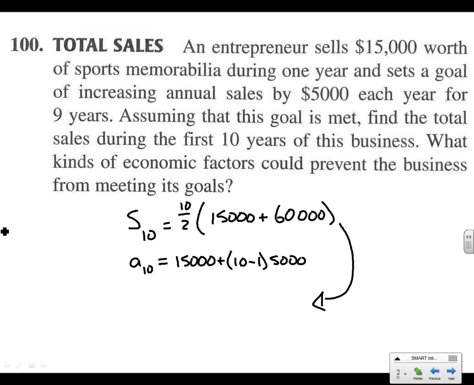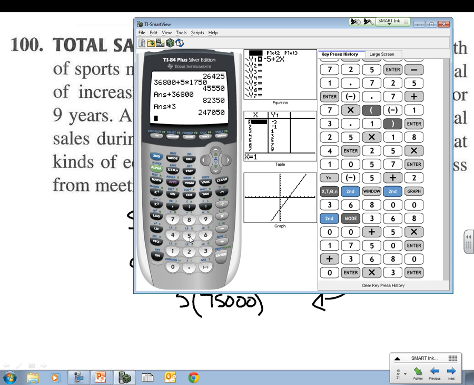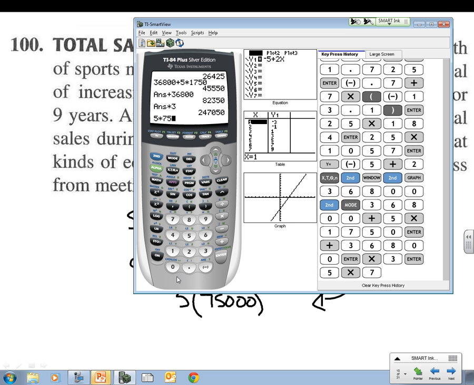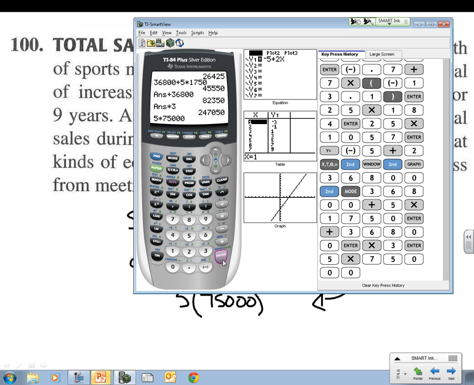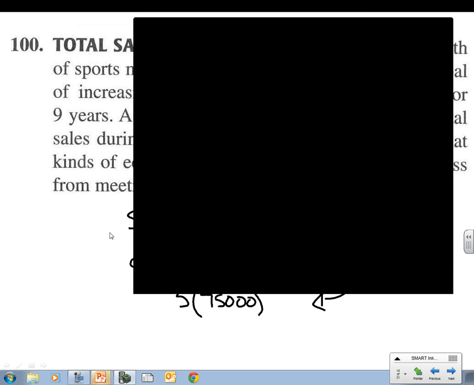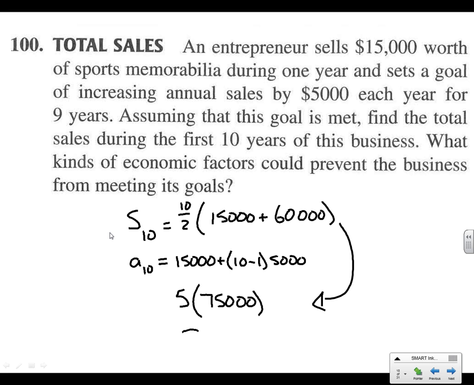Down to the next line here, and we get 5 times 75,000. And 5 times 75,000 is $375,000. So that's how much we would have sold in sports memorabilia over 10 years.